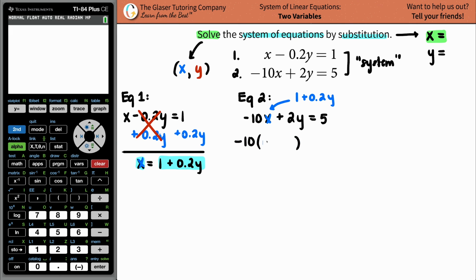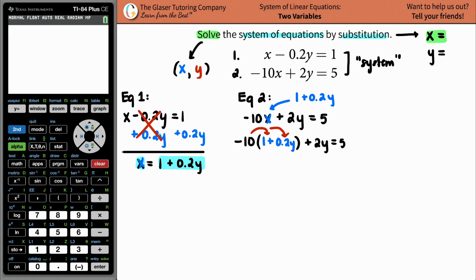So 1 plus 0.2y. And now just continue on with the rest of your equation. Plus 2y equals 5. Now we have some distributing, because now we only have that one y variable.